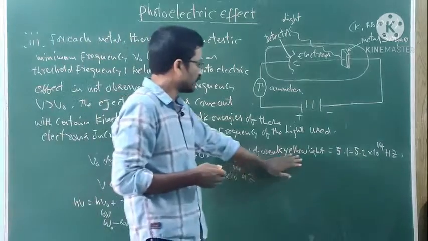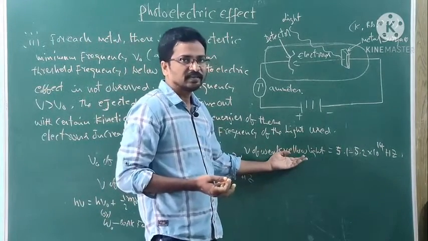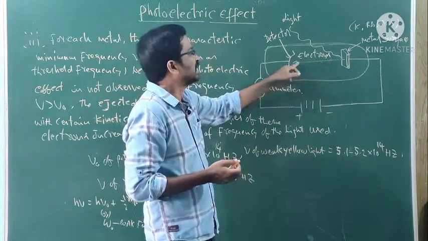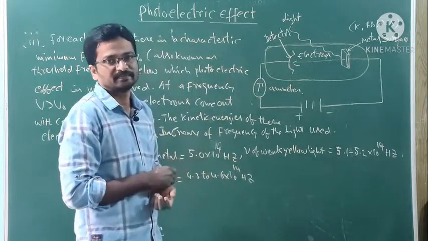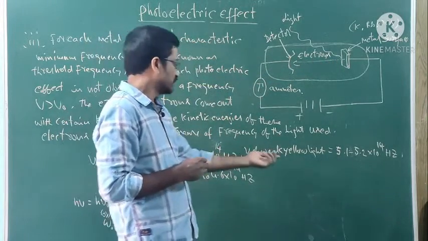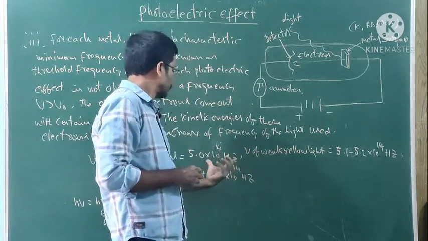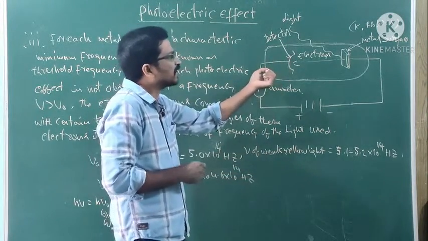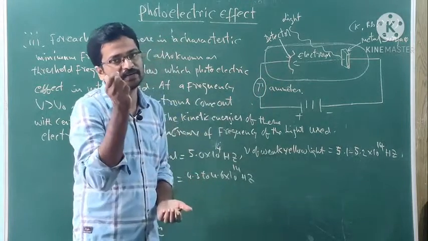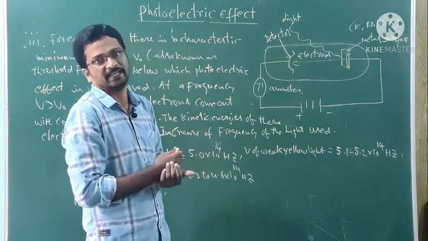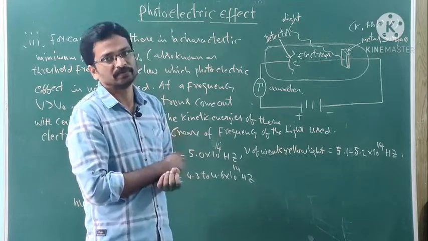If the frequency of light is very high, the kinetic energy of the ejected electron is very high. If the two frequencies are equal, then ejection of the electron only takes place, but there is no kinetic energy; the movement of the electron is slowed down.